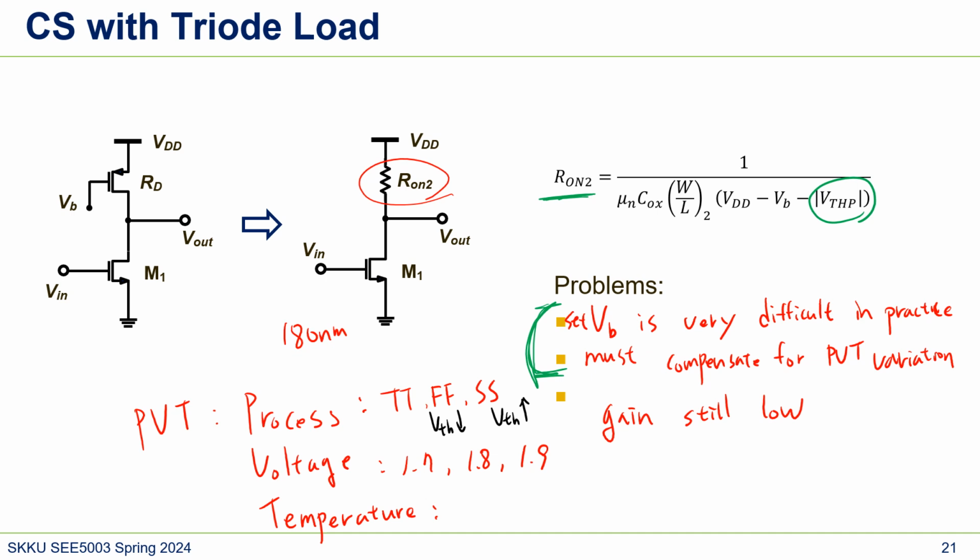Temperature, this is really huge. This is more like a hard problem. Maybe something is operating here, or maybe something is operating there. The reason why temperature is the hardest is that for process and voltage, we can do a calibration.